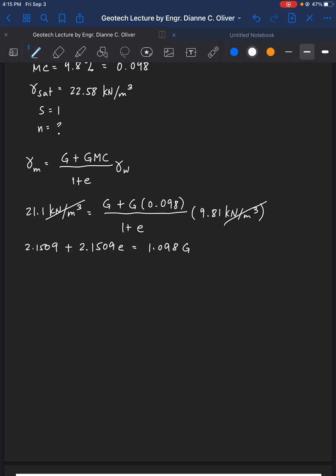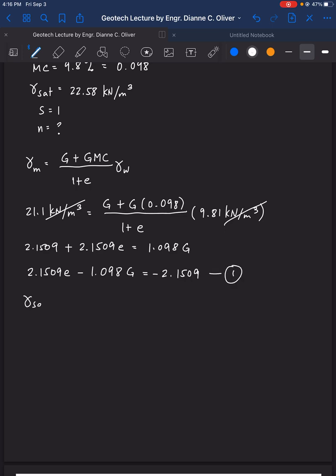So arranging it, we have 2.1509E minus 1.098 G equals negative 2.1509. So this is equation number 1.